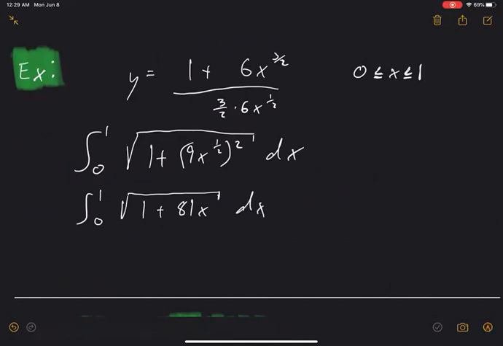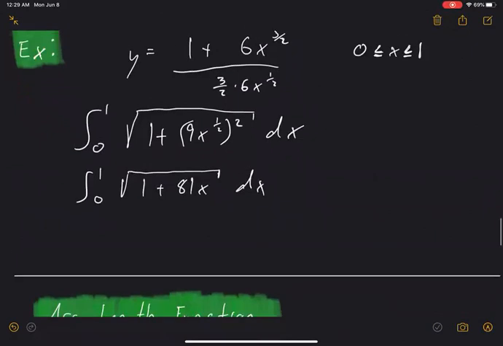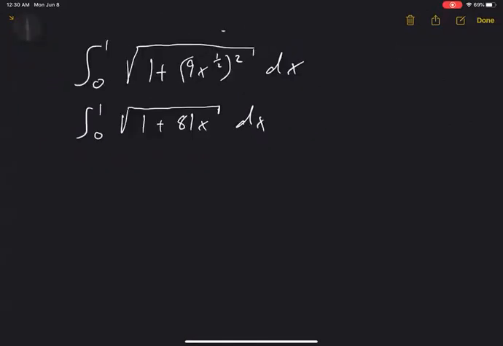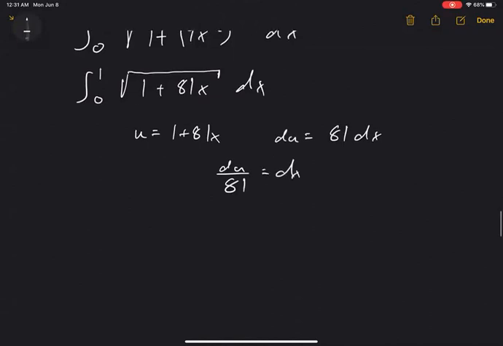So now I need to integrate the square root of 1 plus 81x. We could do this with a u substitution. The rest is just basic integration, but we can go through it real quick. We would do u equals 1 plus 81x, du equals 81 dx, so du over 81 equals dx.